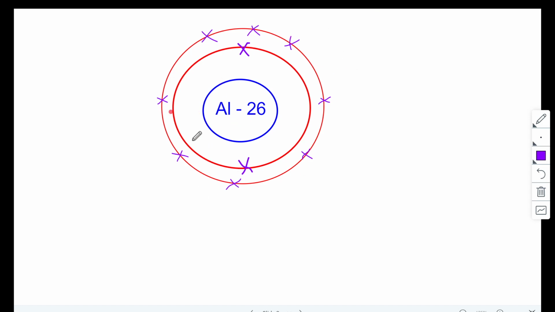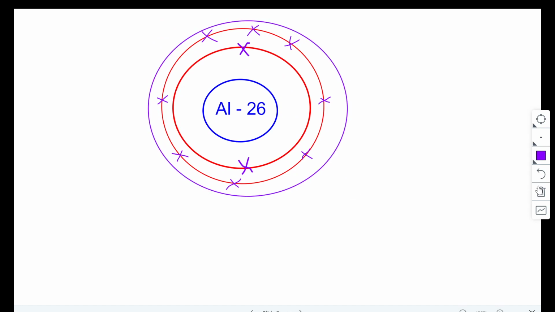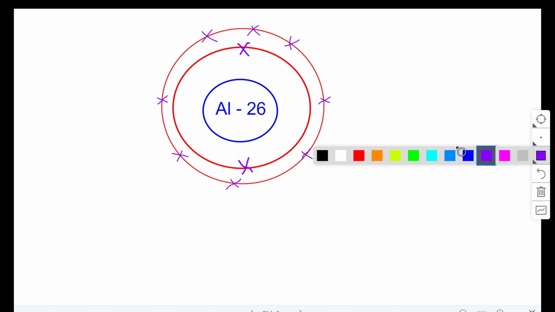Right now we've drawn 8 on the outside and 2 on the inside, so we've drawn a total of 10. But aluminum has 13, so we're going to need... Oh, we did the wrong color. So we're going to need 3 more.